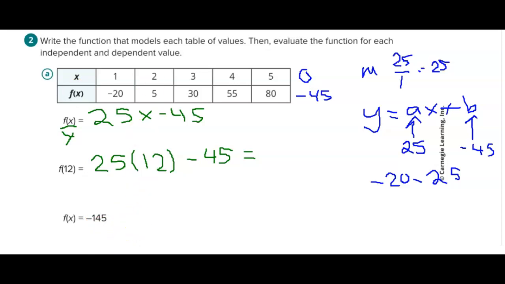So we're going to substitute what we know into our function. We know that f of x is negative 145, and that equals 25x minus 45.